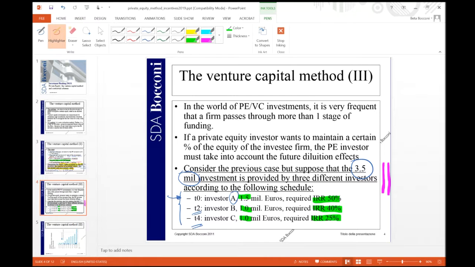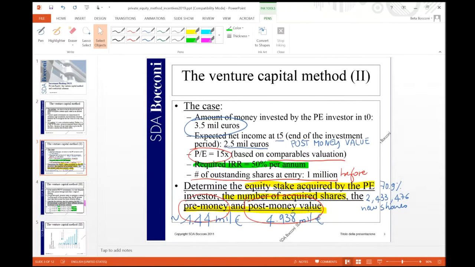And so, other things equal, at the end of the day, you should imagine that the third investor will require, all other things being equal, a lower internal rate of return. So, from this point of view, what we are going to do is exactly replicate this calculation, determining the equity stake acquired by the private equity investor A, the number of acquired shares, the pre-money, and the post-money value.